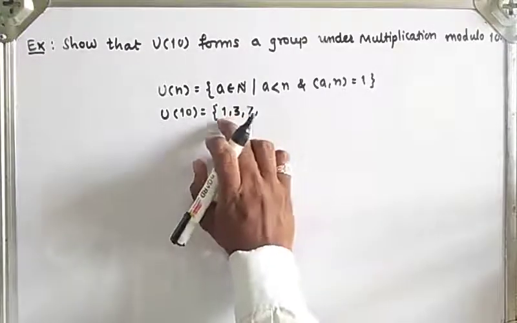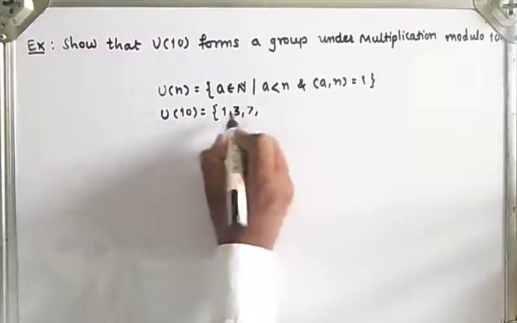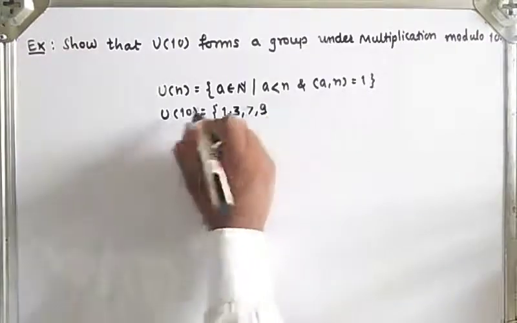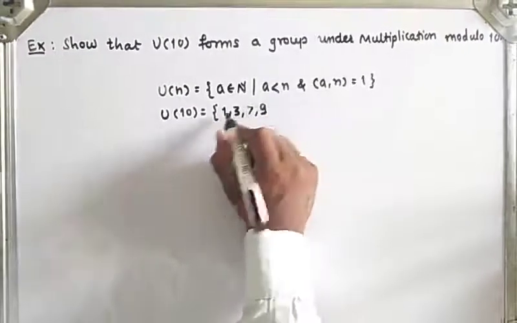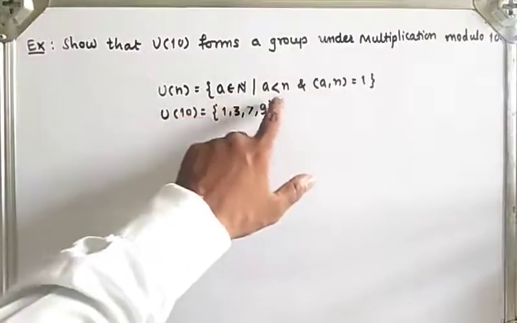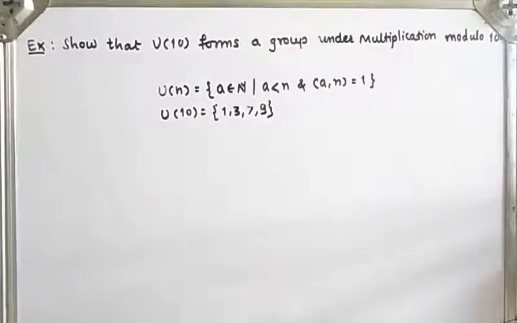So the numbers in U of 10 which are relatively prime to 10 are 1, 3, 7. Next 9 and 10 have GCD 1. So U of 10 has numbers 1, 3, 7 and 9. So there are 4 numbers in U of 10. So U of n is the set of a in natural numbers such that a is less than n and GCD of a and n should be 1.